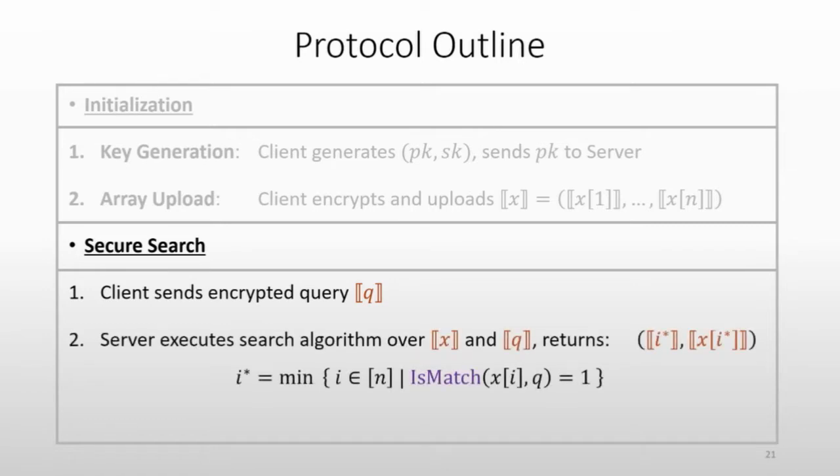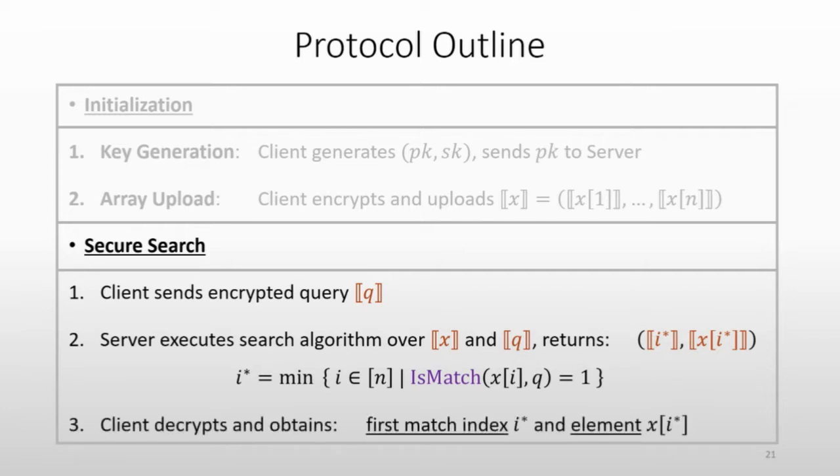The server then executes the search algorithm over the encrypted array and the encrypted query and returns the following elements: I star, which is the first match index, encrypted, and the element at this index. Now the client decrypts and obtains this first match and the element associated with it.